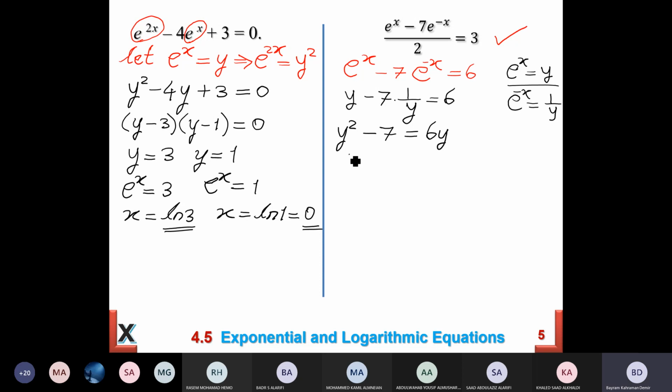All right. So it looks like you got a quadratic form again: y squared minus 6y minus 7 equals 0, Shabab. Again, let's solve by factoring. So y minus 7 and y plus 1 equals 0.